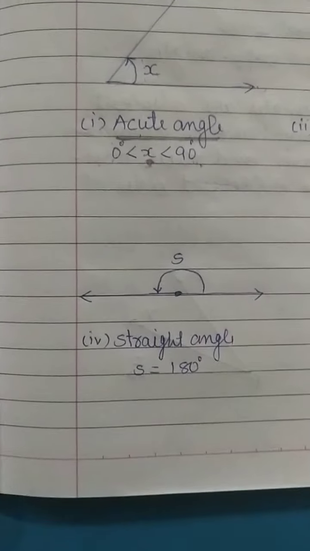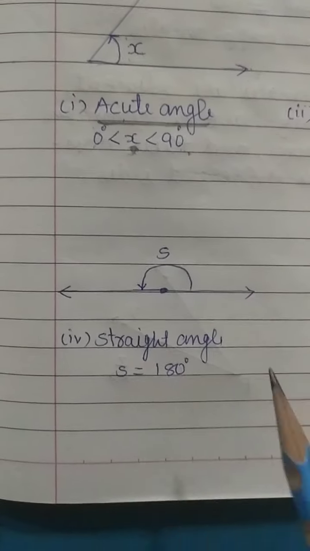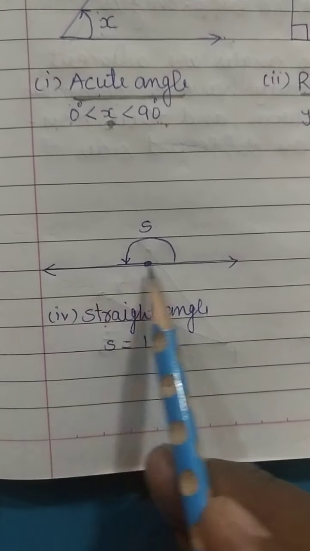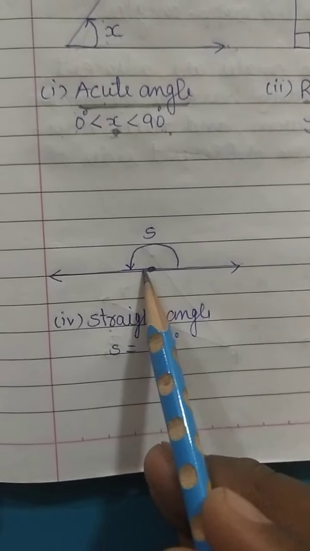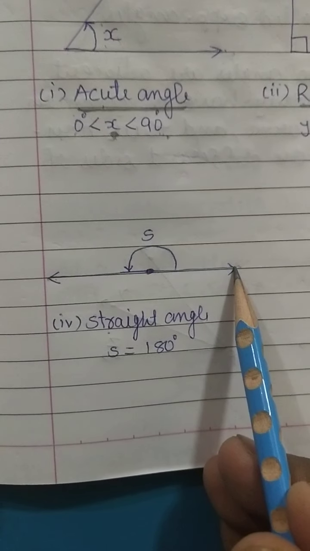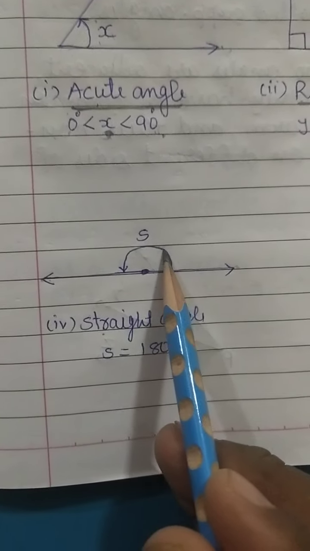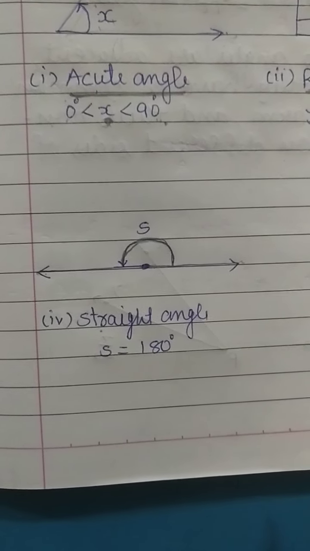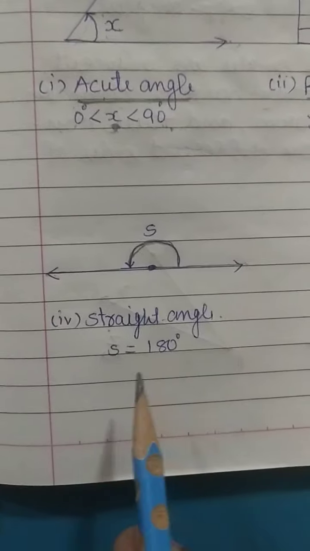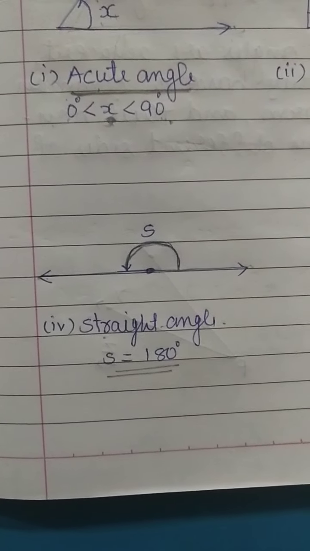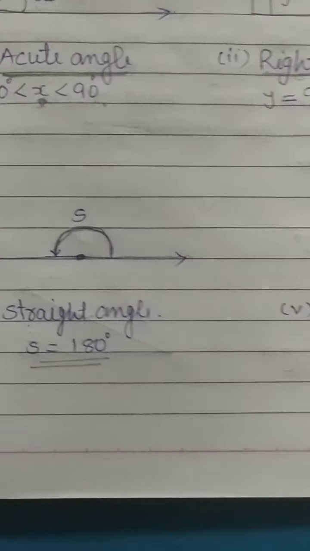Okay. Next one, straight angle. If two angles are made in such a way that both the arms become opposite sides, right? That is a straight line. So the angle made on a straight line is called a straight angle. And remember that its measure should be 180 degrees. Right? Okay.